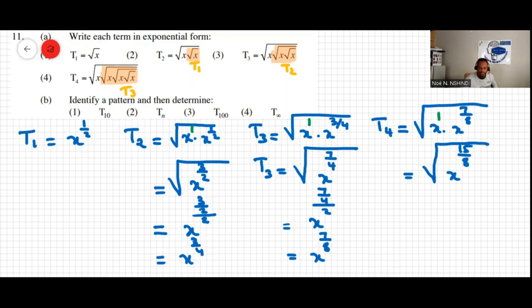Then we can write this as x to the power of 15 over 8 all over 2, which is x to the power of 15 over 16. So this was term 1, and that's term 2, term 3, and term 4.